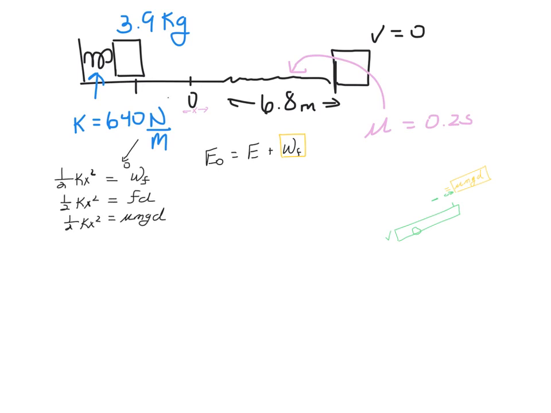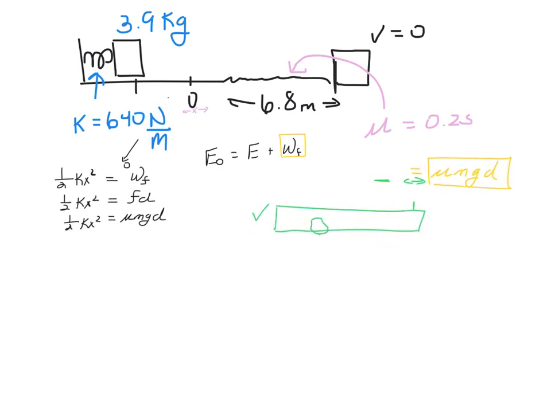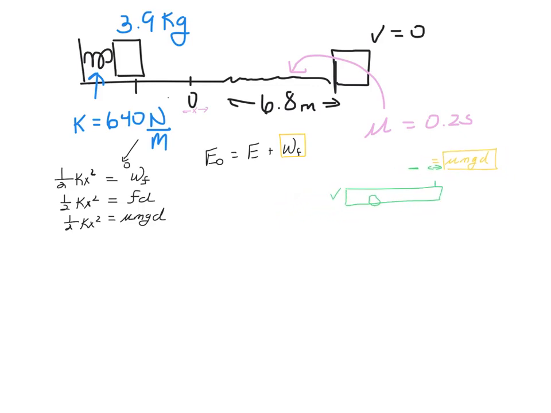All right, so on this side, we're just going to use the mu mg d, so that the thermal energy is equal to 0.25 times 3.9 times 6.8 times g.